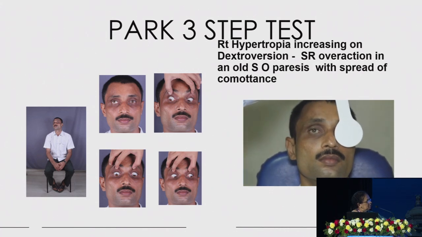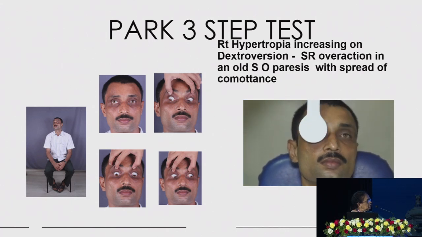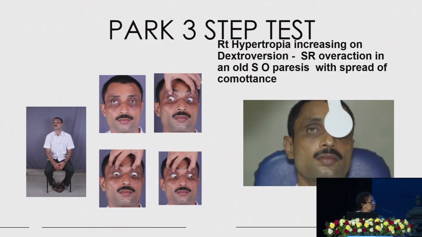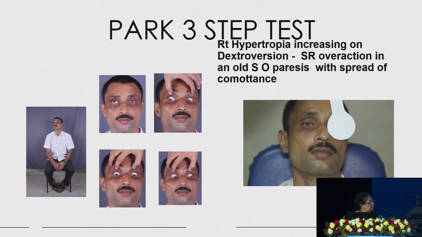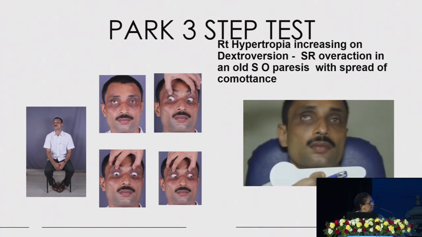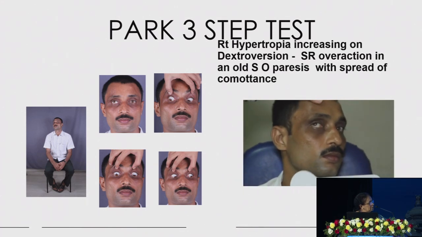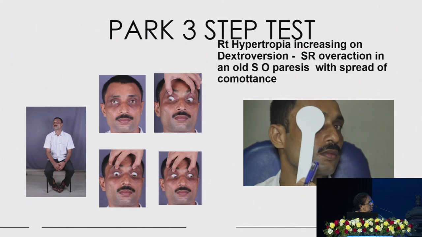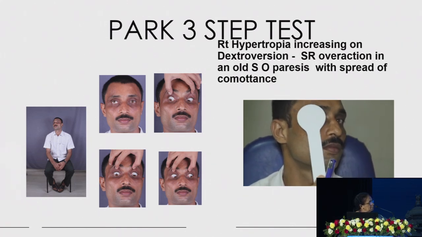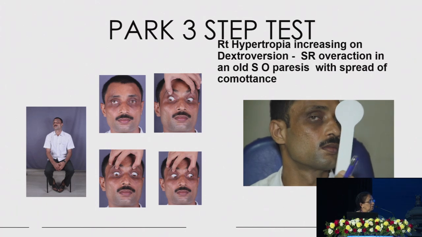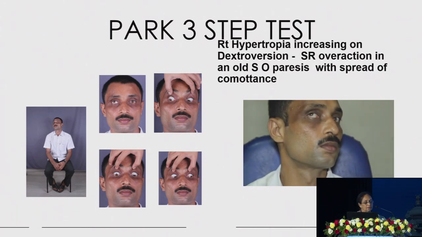First you assess the deviation in the primary position, then you have to assess the deviation by turning the head to one side, this is, you take the primary position. Now you turn the face to one side, take the deviation, then again you turn the face to the opposite side and measure the deviation, and then you have to have the deviation measured in right and left head tilt.